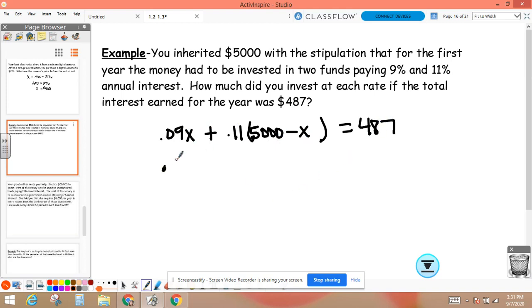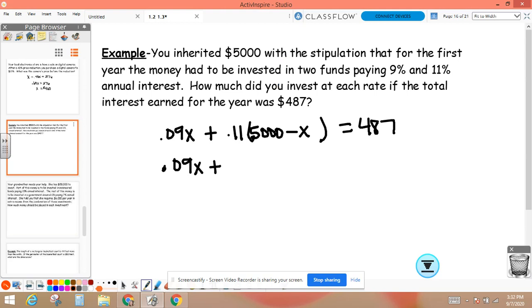Whatever you get when you solve for X is going to be how much you invested at 9%. And when you figure out the other amount, that'll be what you invested at 11%. So we're going to do 11% of 5,000.